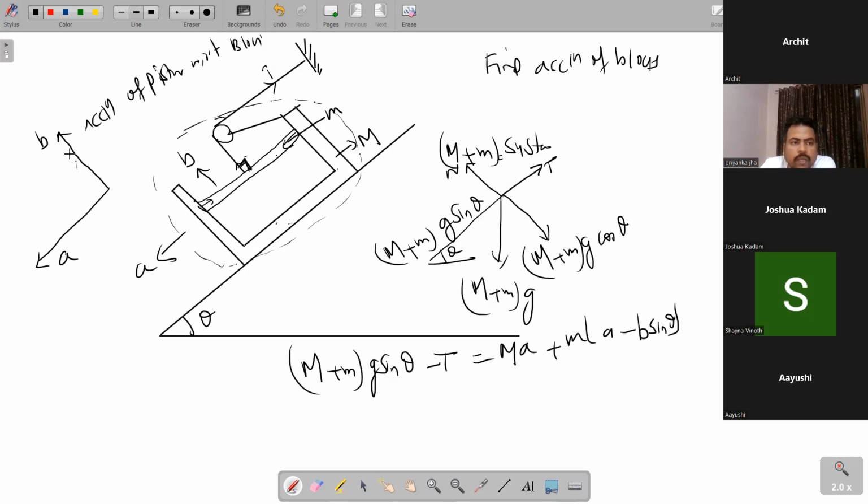So this B will have no component along this direction. So there is no component of this. If the rope were at some angle like this, then there would be. Rope is not like this. Rope is perpendicular. So now it is like this. Understood now?